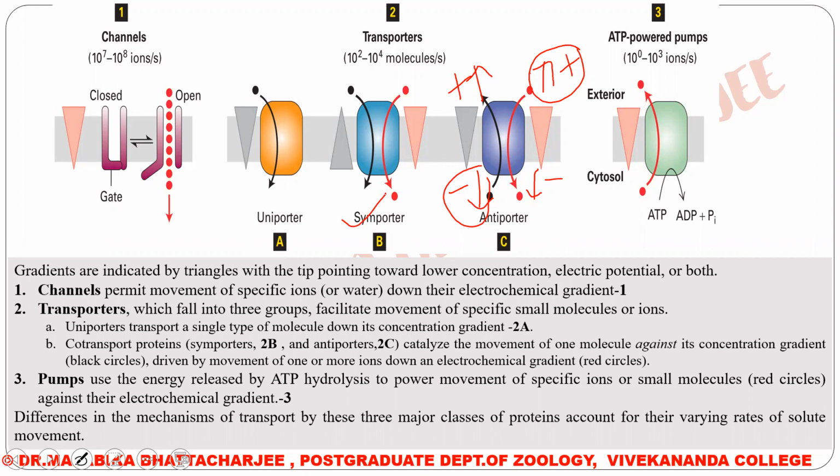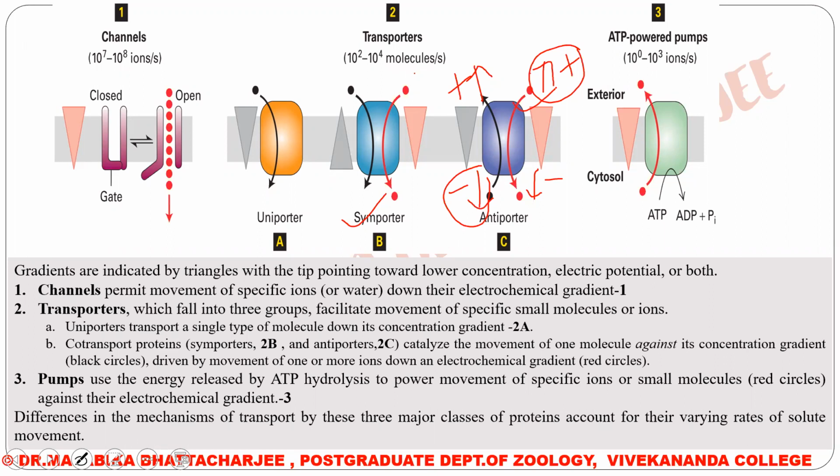So this is a sort of secondary active transport. Because we studied that in active transport, the molecules move against their concentration gradient. Even though the red molecule is moving down its concentration gradient, the black molecule is moving against its concentration gradient. This is for the antiporter. For the symporter also the same thing.